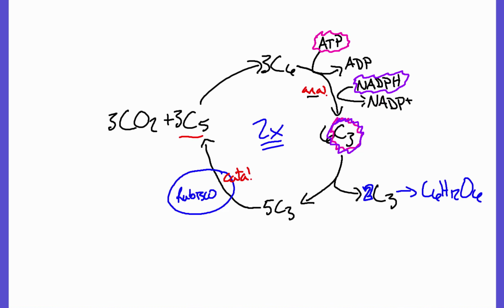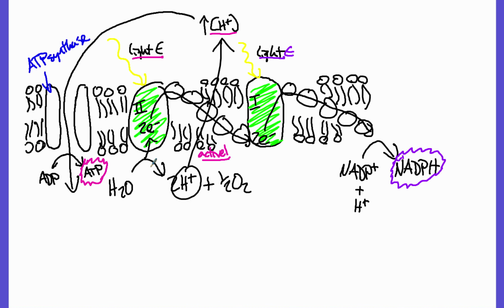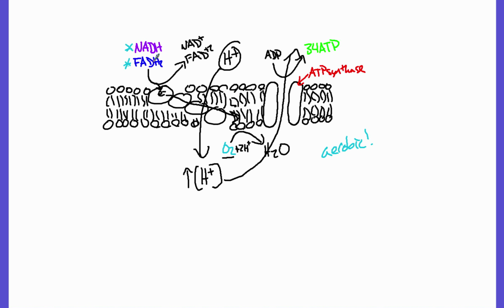If I go back to my photosynthesis pictures, the very first thing I need to do is split some water to get electrons. Those electrons end up in high energy molecules. That's the exact opposite of what just happened here in the last step. High energy molecules dropped off electrons. They ended up in water. So if I go backwards, water, electrons, high energy molecules, everything pretty much looks the same.